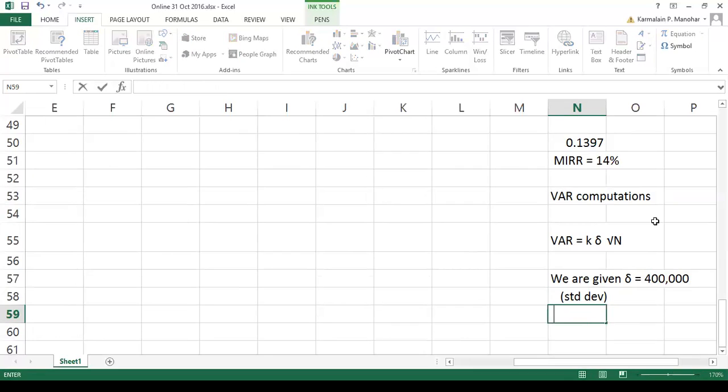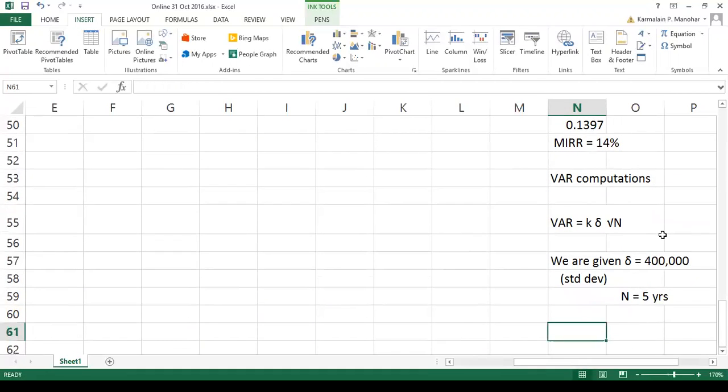Could somebody let me know in the chat? N was also equal to 5 years, great, and everybody got it. And of course, we'll be finding the square root of that. And the only thing to give us any bit of trouble is the value of k now.